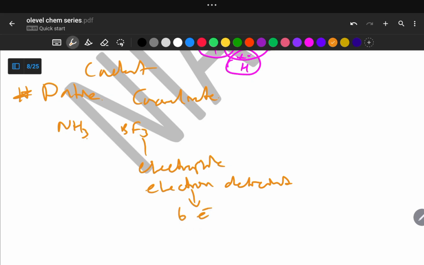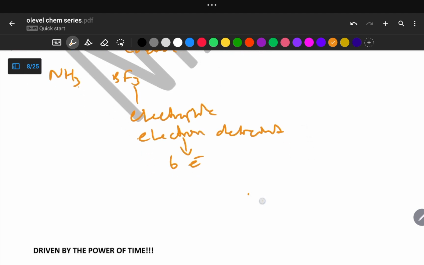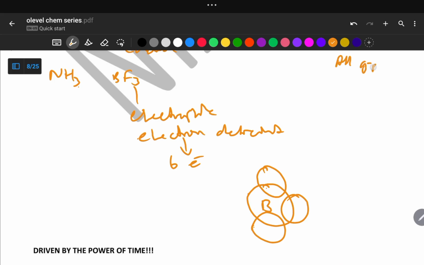Boron is in group 3. So boron is the central atom, and then fluorine here, fluorine. All the group 7 elements form single bonds, and all the compounds where we are having hydrogen form a single bond. So we're going to have fluorine here, and fluorine here. And then boron has got 3 electrons.